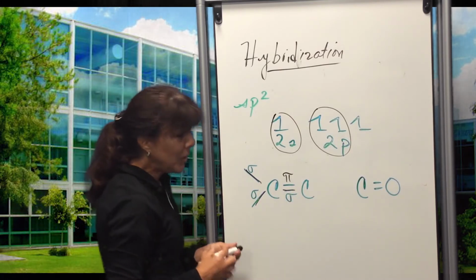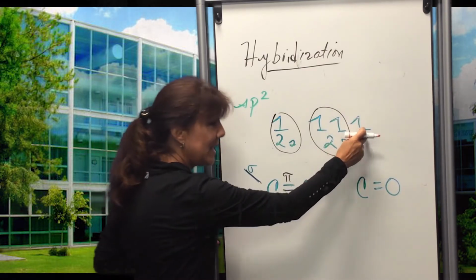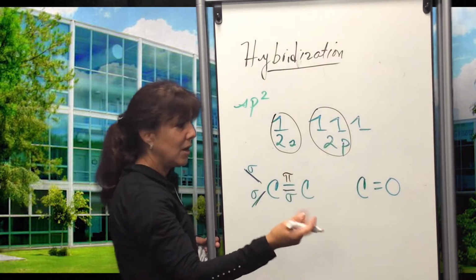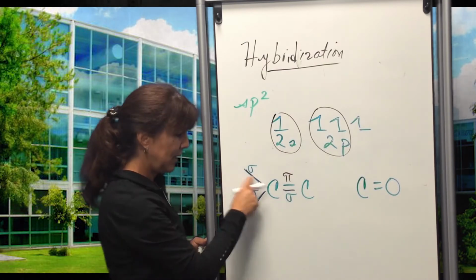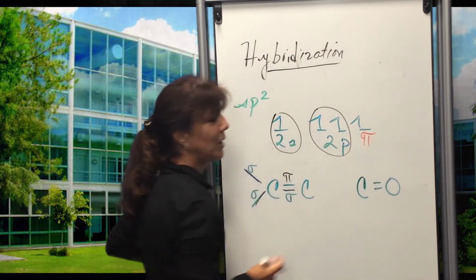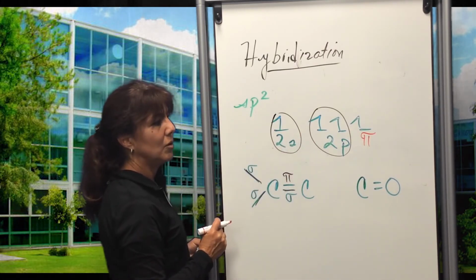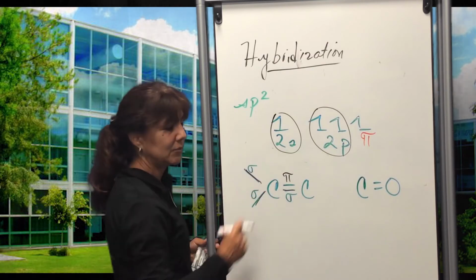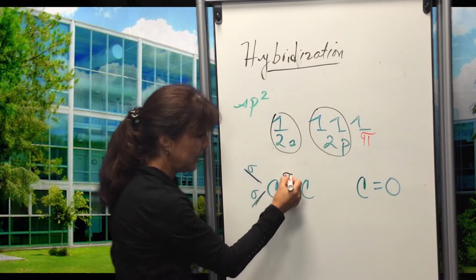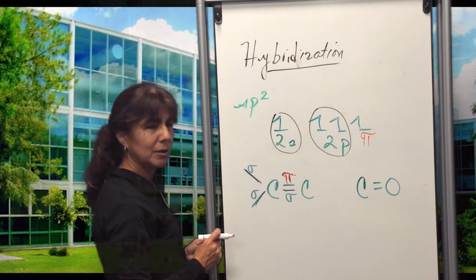Where do we have the pi or the pure orbital? This hybrid orbital, which you didn't use in making these single bonds, is what we refer to as the pi bond or the pure orbital, the pure electron. And that's the one we're using here in order to form our double bond.